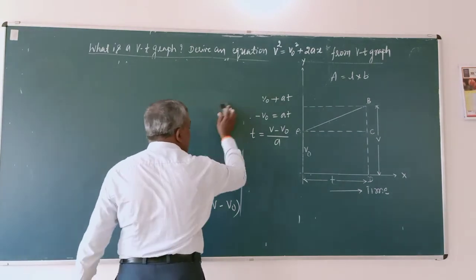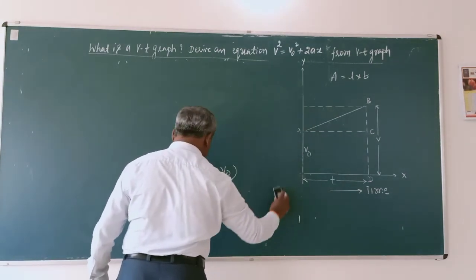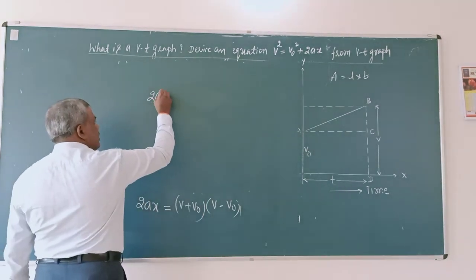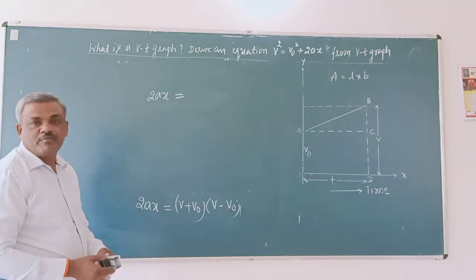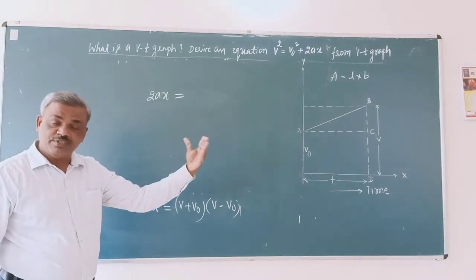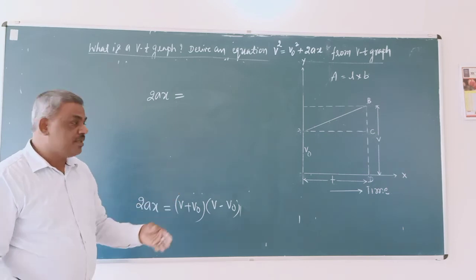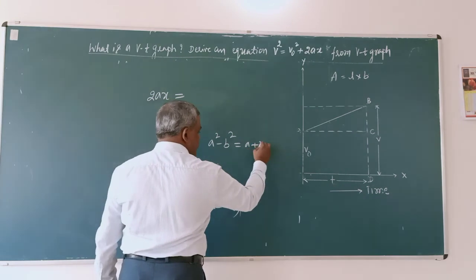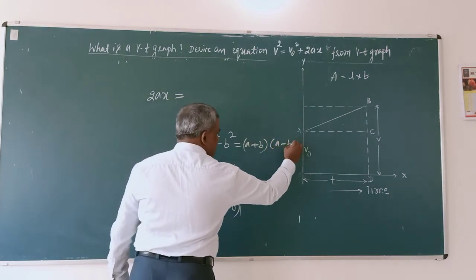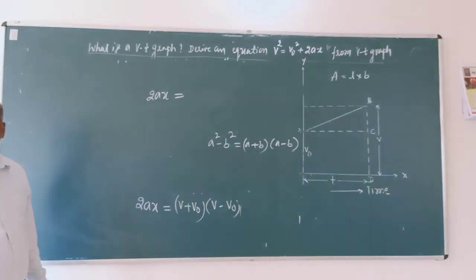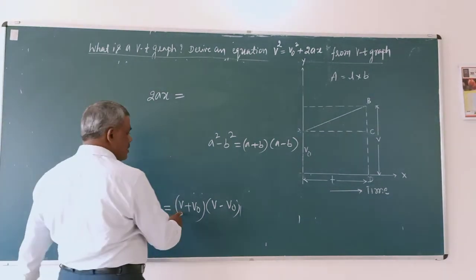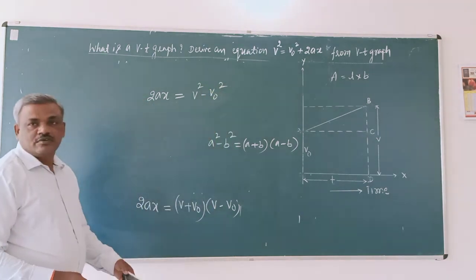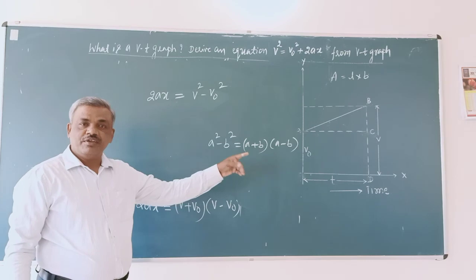Now applying the formula a square minus b square equal to a plus b into a minus b, we have V square minus V naught square.